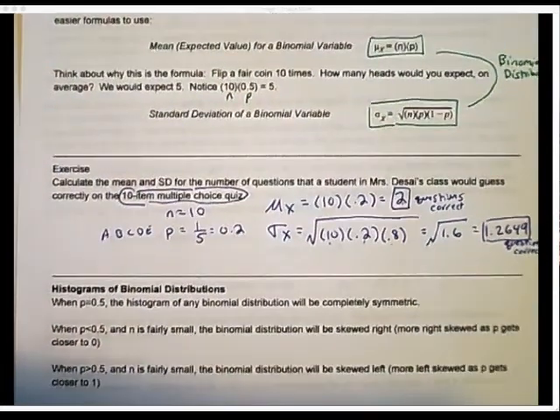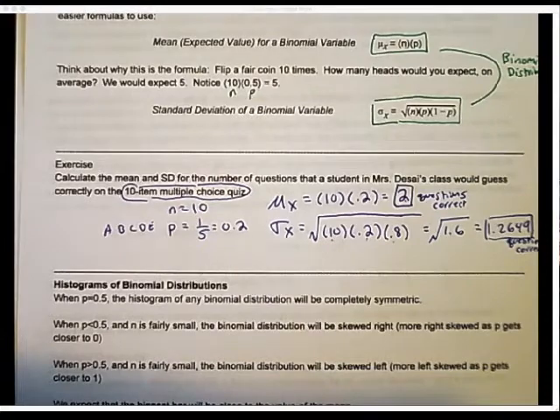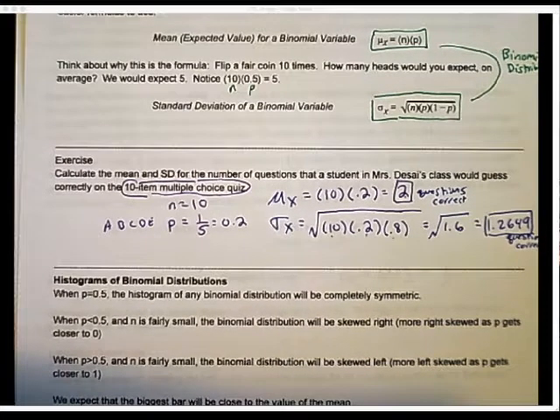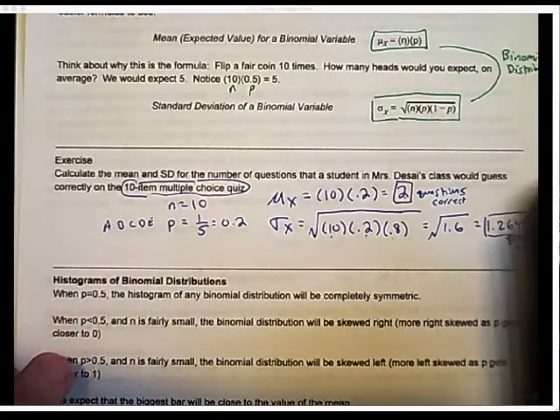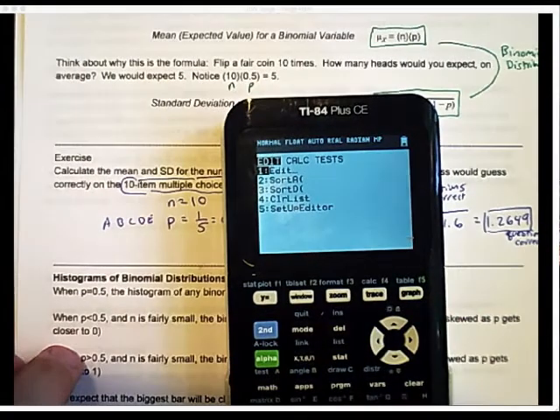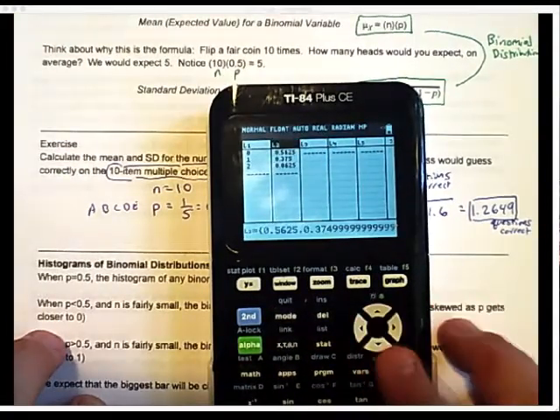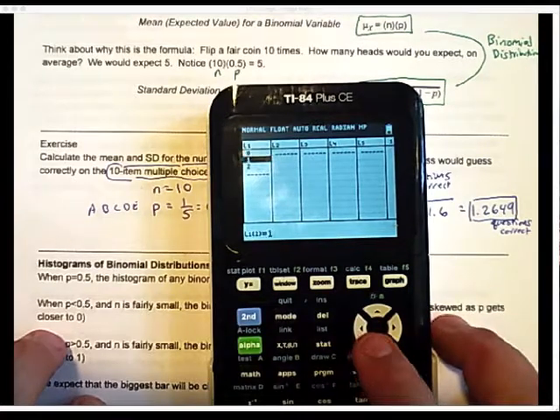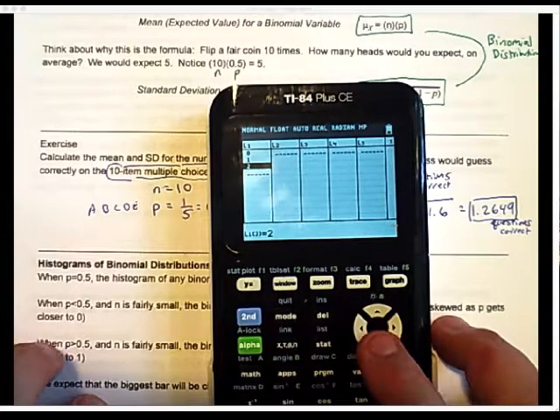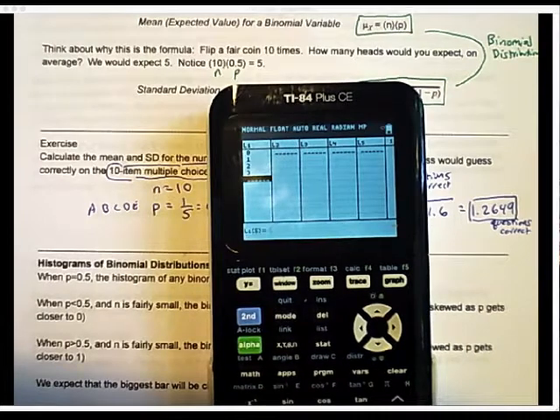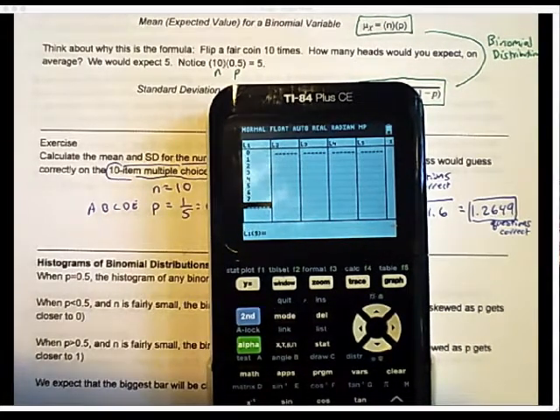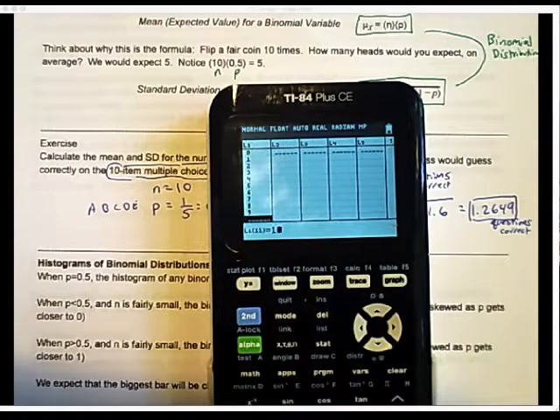For this particular example, I want to show you something. Let's make a histogram of this problem. The number of questions a student could get right are 0, 1, 2, 3, 4, 5, 6, 7, 8, 9, or 10.